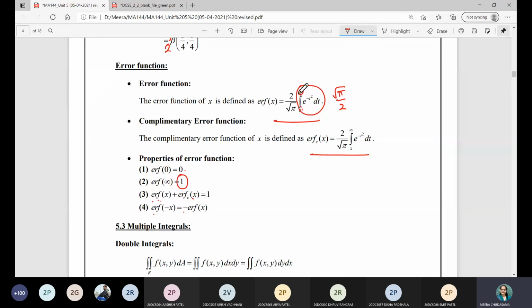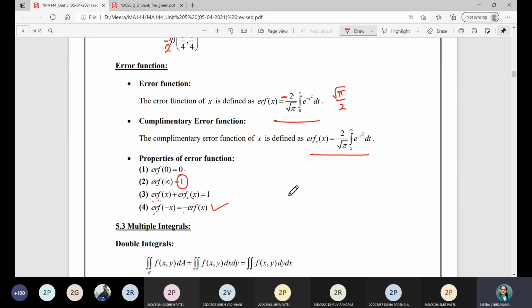And erf of minus x is the same as minus erf of x. How do we know that? Here, take the substitution of x as minus x; then the limits of the integral, when you replace t by minus t, will become 0 to infinity, but a negative sign will occur due to that substitution. Therefore erf of minus x is equal to minus erf of x.